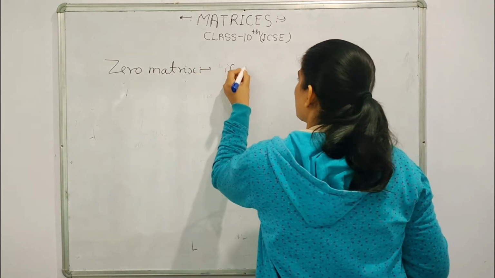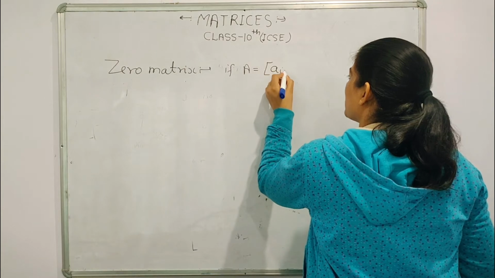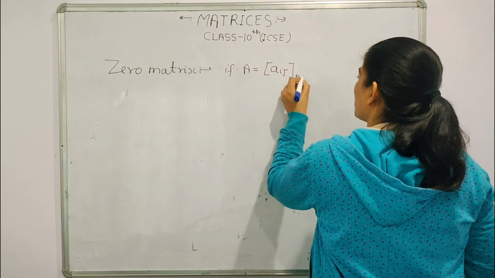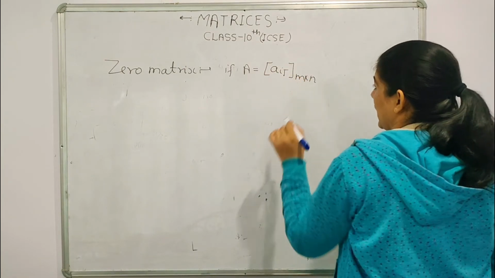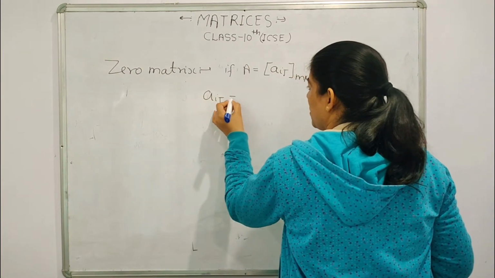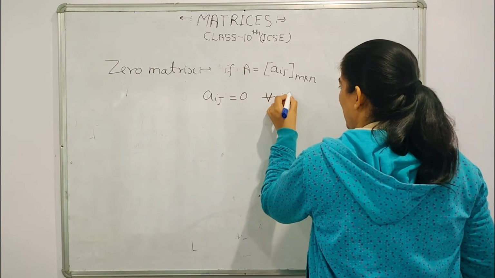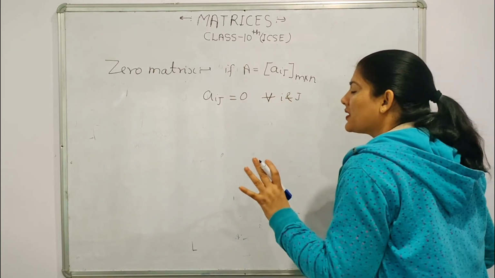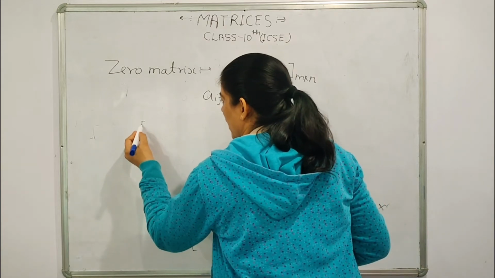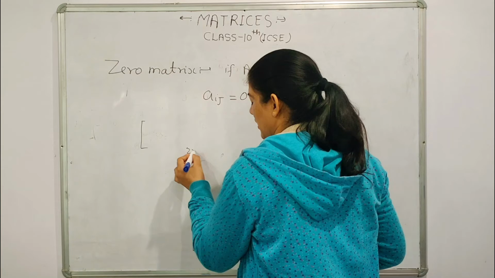If A is such that Aij, the order of the matrix is m by n, and Aij is equal to 0 for all i and j. That means, suppose I consider a matrix of order 2 by 3.